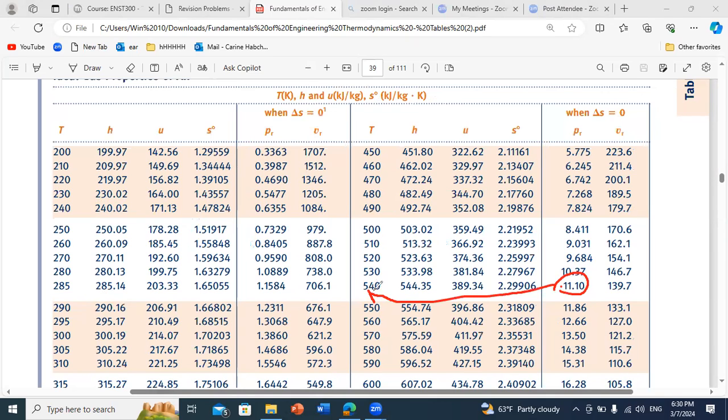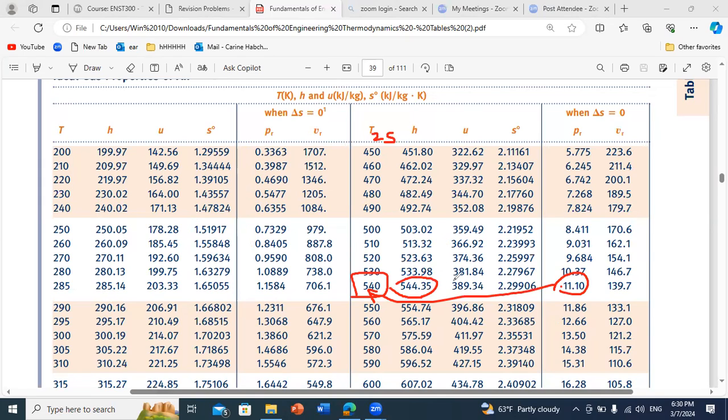So the temperature is nearly 540 Kelvin, okay? So this will be my T2, but T2S. Please remember, if the process was isentropic, I will get this temperature, and I will get this enthalpy H, okay?